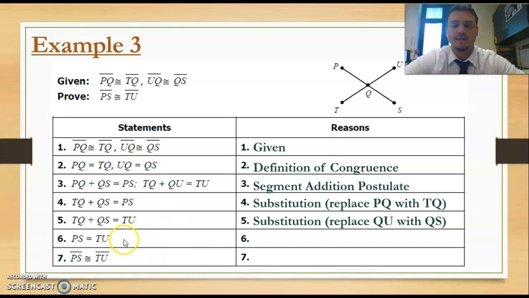And then in statement 6, we have TQ plus QS equals PS, and TQ plus QS equals TU. If these two things are equal, then PS has to equal TU through the transitive property. And then PS is congruent to TU, because if they're equal in distance, they have to be congruent as well. So the definition of congruence.